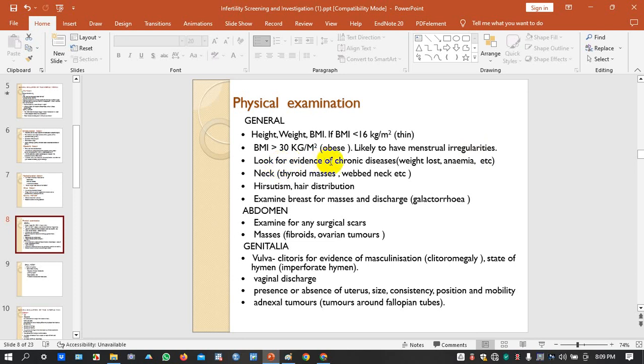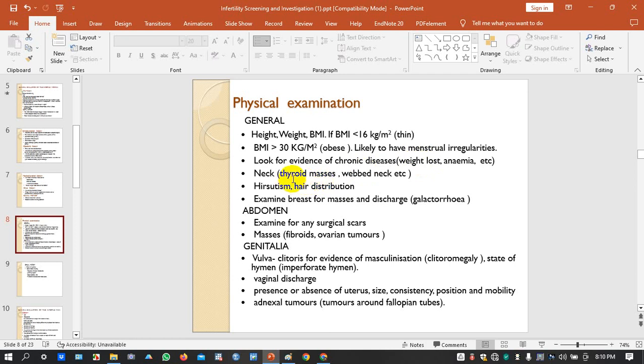The doctor will also look for evidence of chronic diseases, that is anemia. If your blood level is so low and you also have weight loss due to diabetes or anything, it will affect your fertility, because sperm and the ovary don't like high blood sugar and those things.